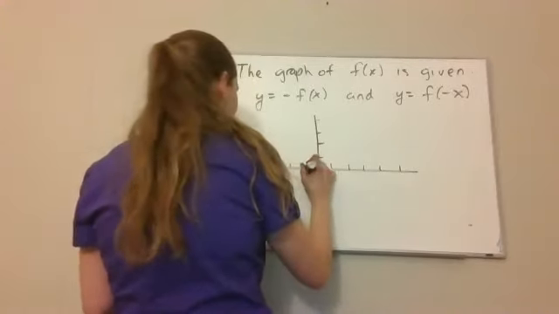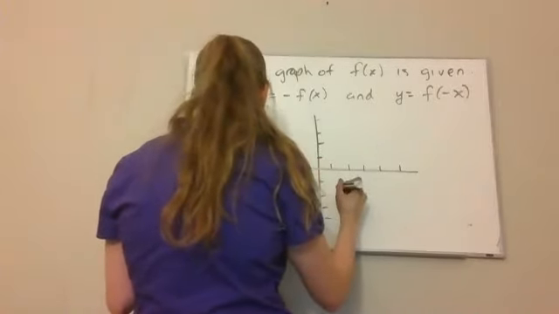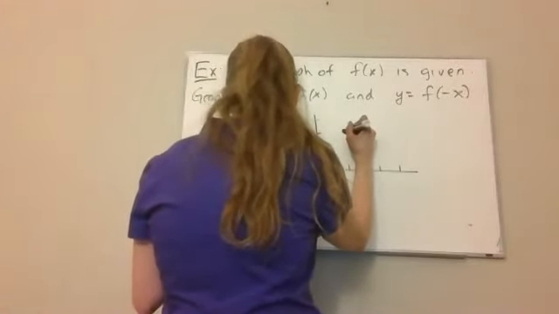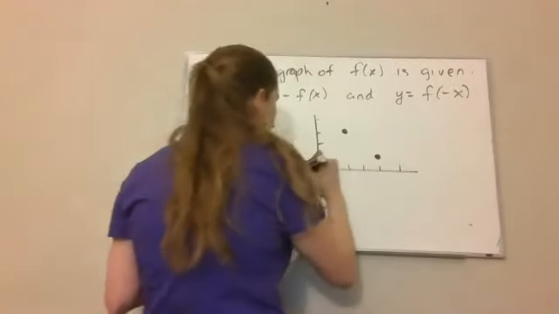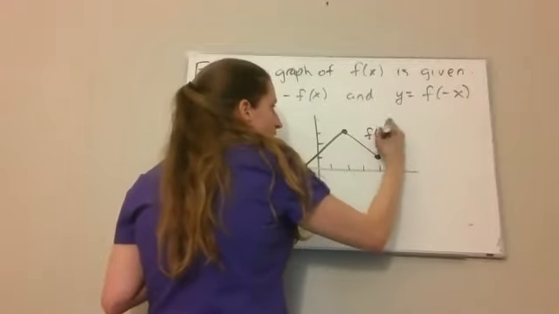My graph of f of x has a point over here at negative 1, 0. It has a point at 2, 3. And it has a point at 4, 1. Here is f of x.